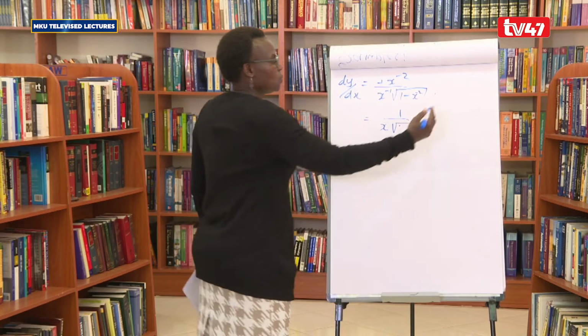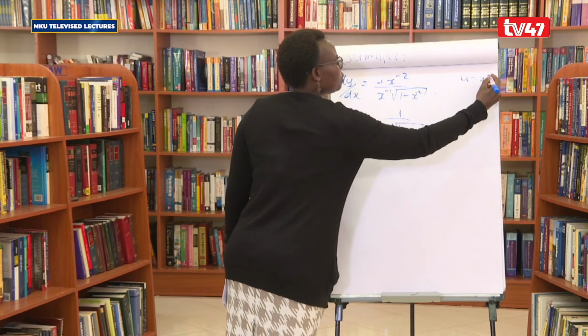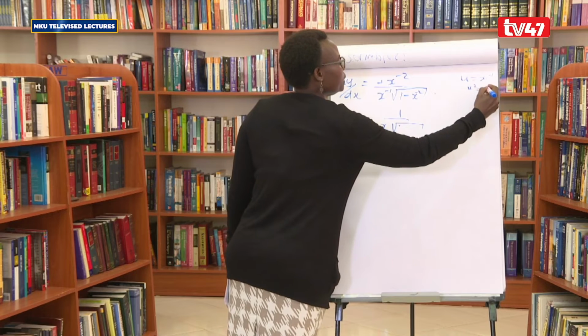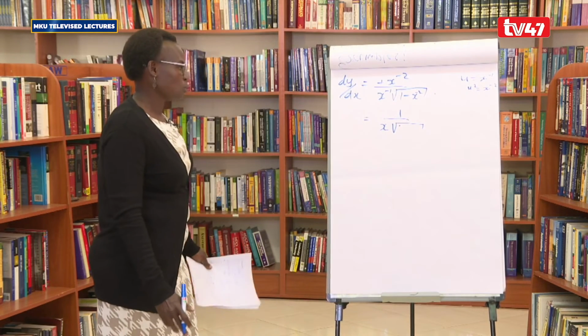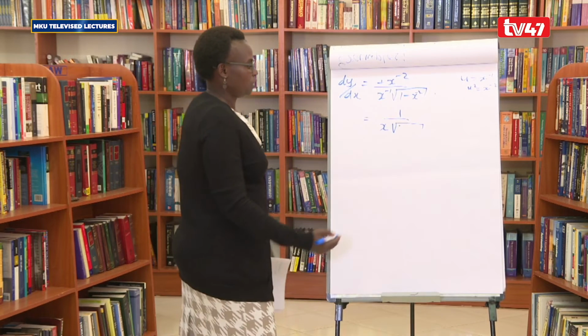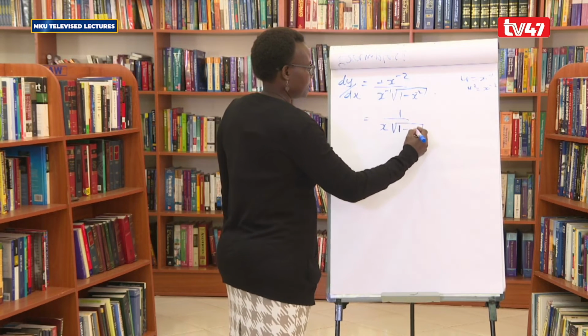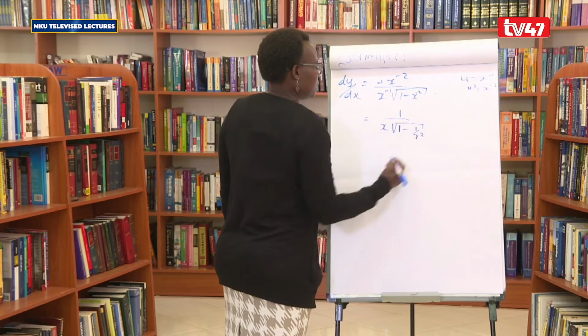Because our u we said was x raised to power negative 1, u squared will be x raised to power negative 2. So that is 1 minus 1 over x squared.